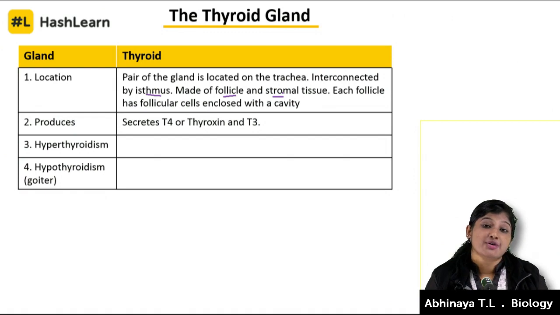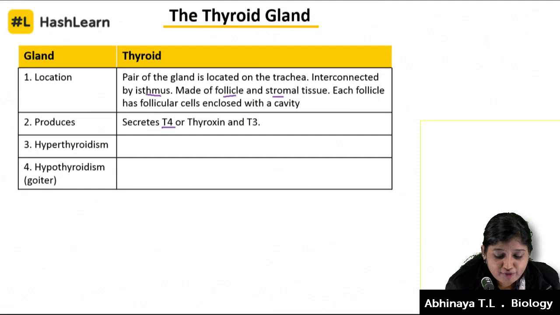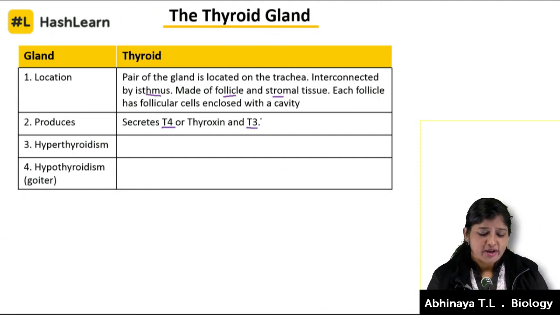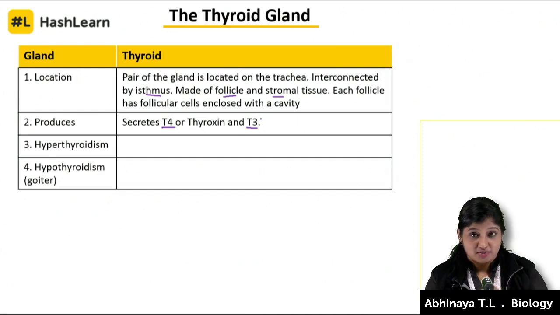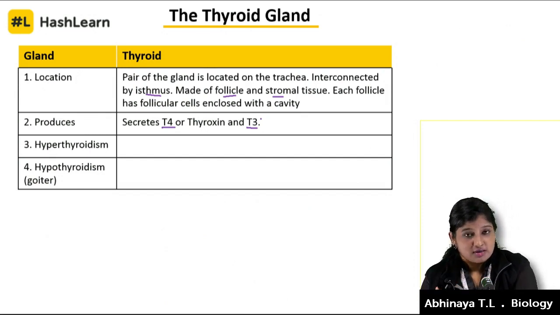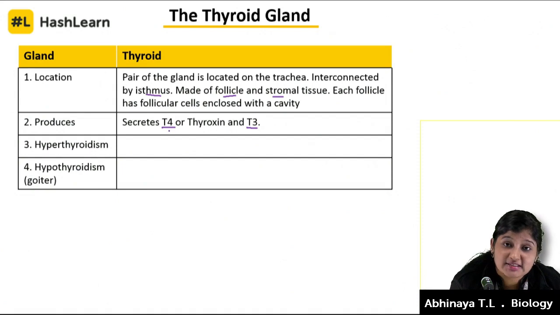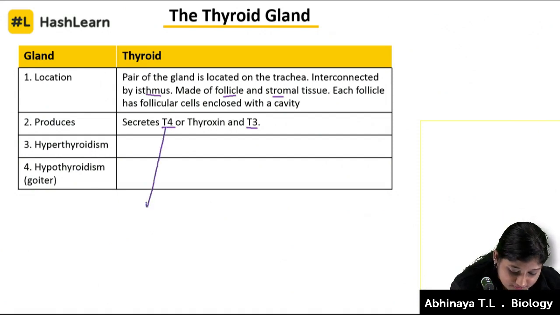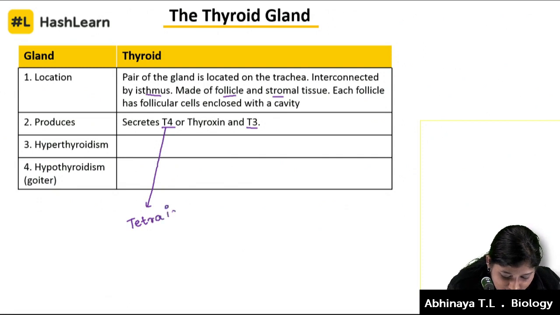So what is it going to produce? The thyroid hormones. What are the hormones? They're called T4 and T3. T4, the thyroid hormone, is called tetraiodothyronine, or thyroxine.